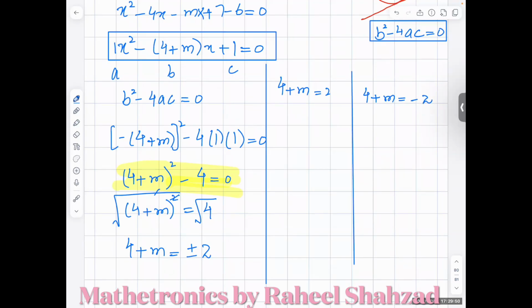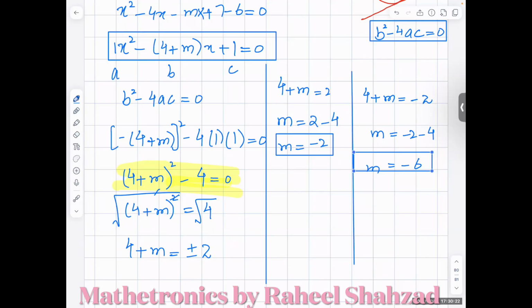We simply took the square root on both sides. Yes sir. And now we get the values of m. Either m is minus 2 or m is minus 6.